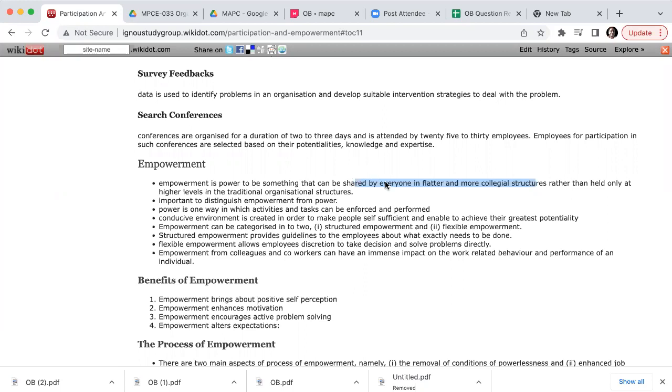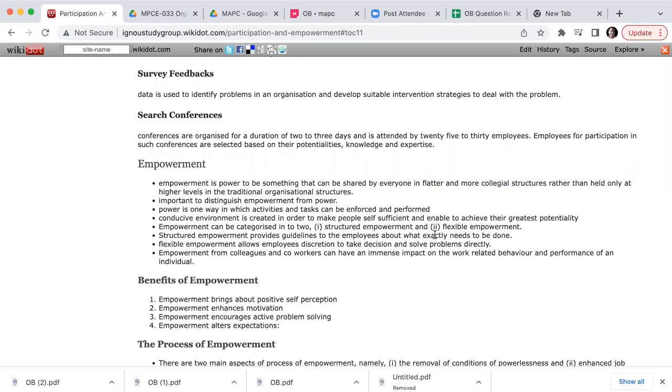Structural empowerment provides guidelines to the employees about what exactly needs to be done. Basically, you have a structure. You know a particular person can do it in this way. So you have all the guidelines, and now people can use those guidelines and do those things on their own.